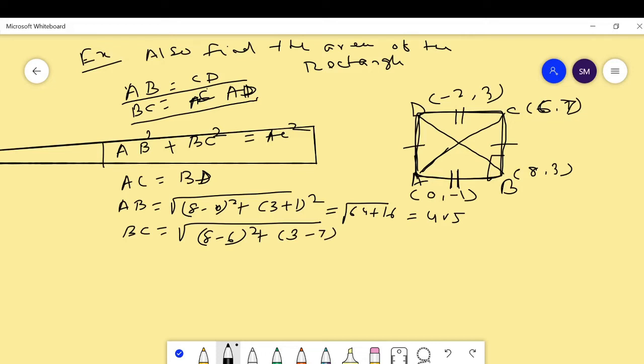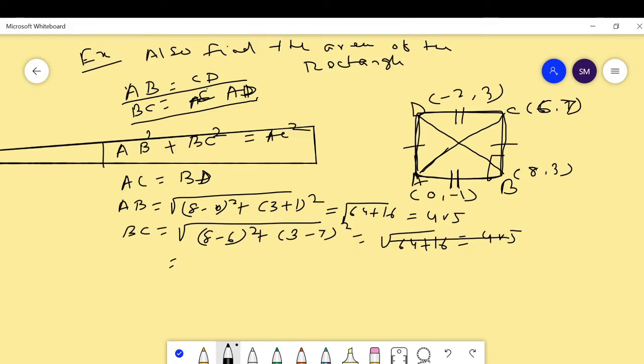Then 3 minus 7 whole square, 8 minus 6 whole square is 2 square.